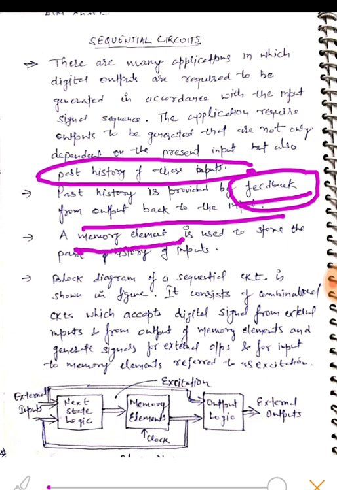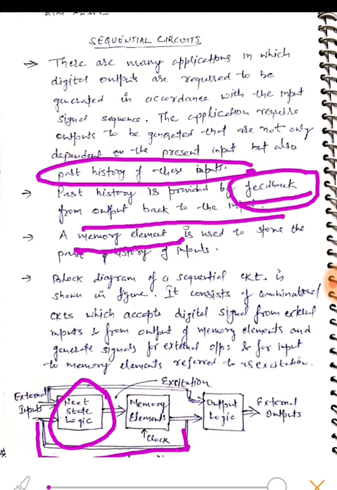So here we can see the block diagram of a sequential circuit. It consists of a next state logic, in which we feed the external inputs and the inputs from the memory elements.